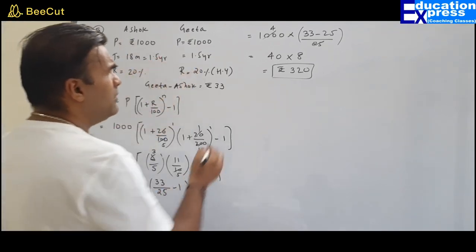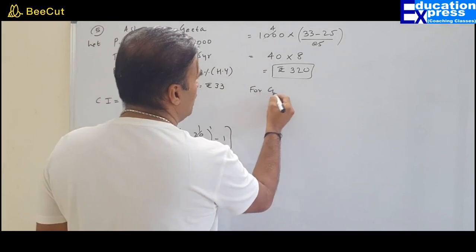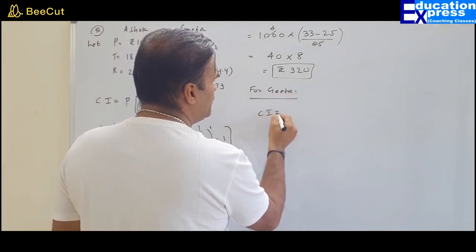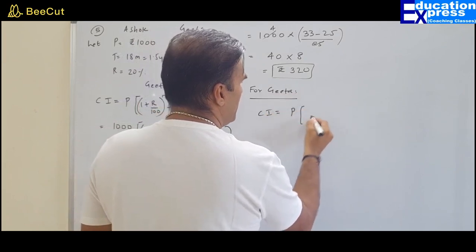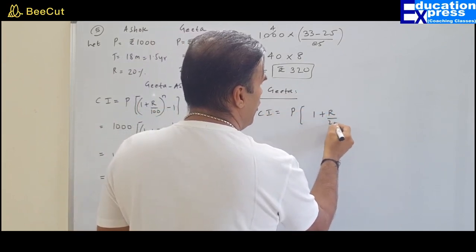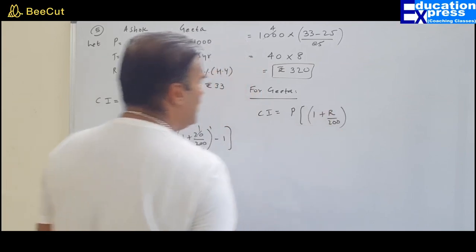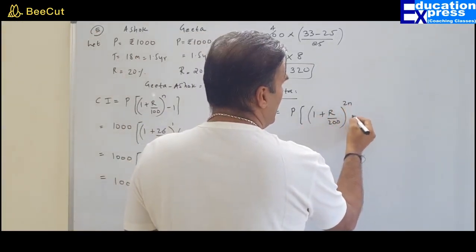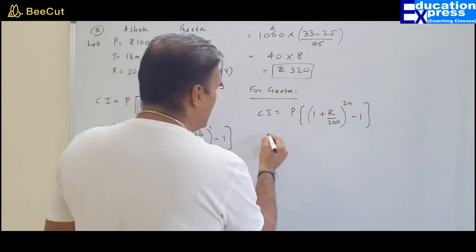What about Geeta? So we will work out for Geeta also. For Geeta, compound interest will be P[(1 + R/200)^(2n) - 1]. So why 200 straight? Because it is half yearly. How it works out?